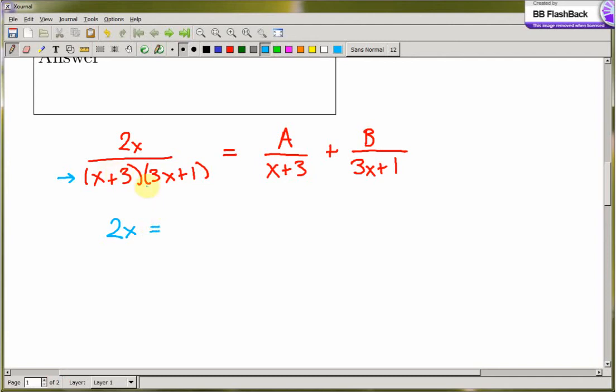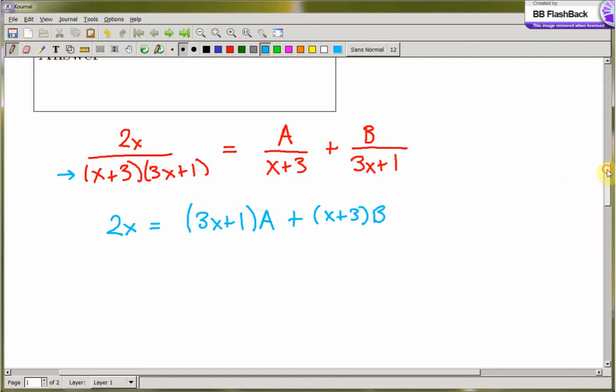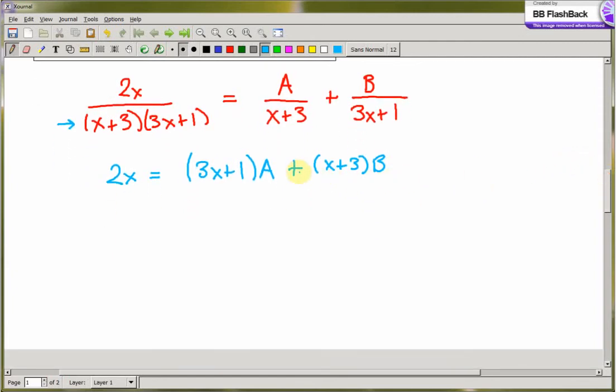Now x plus 3 cancels with this x plus 3, and you get 3x plus 1 times a, plus, now you're multiplying this stuff times this, and the 3x plus 1 cancels, and you get left with x plus 3 times b. Now, frequently what you can do is plug in tricky values for x and kill one unknown and then solve for the other one.